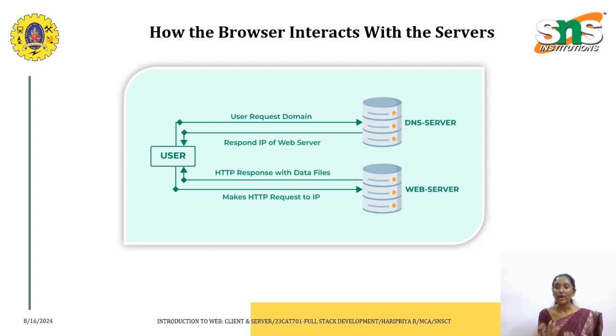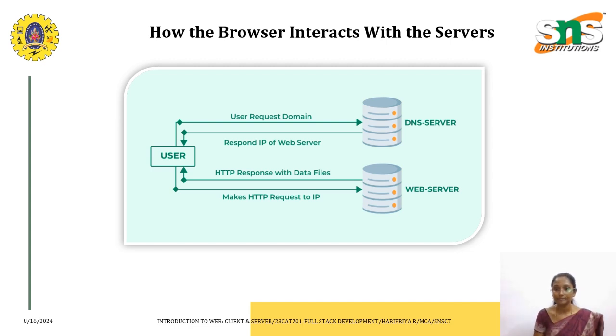What are the files you have to see on your screen or downloaded over there? The data files will be saved on the web server. Clear? And after that it will be stored in your request. It will be stored in your IP address, which website the user will be reaching.